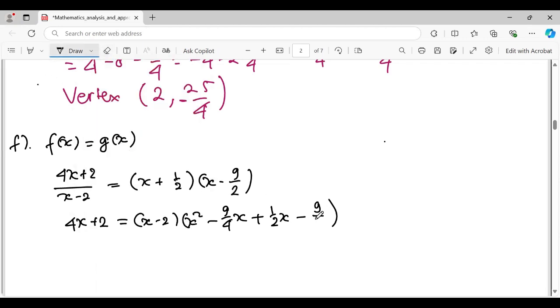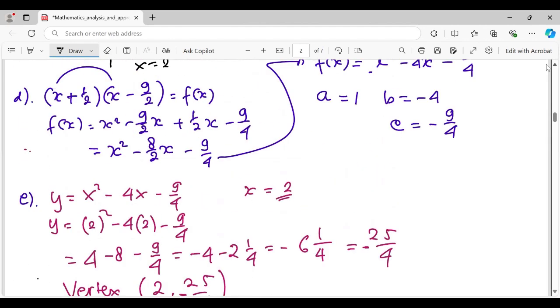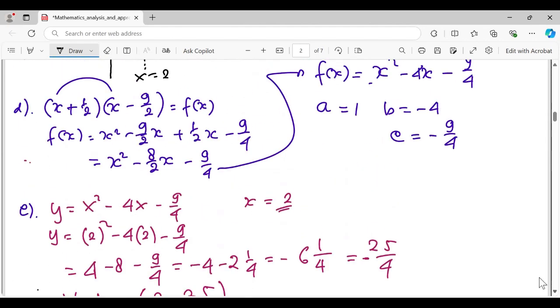So it's going to be (x minus 2) times (x squared minus 4x minus 9 over 4). Right, 9 over 4, sorry. Let me check once more.